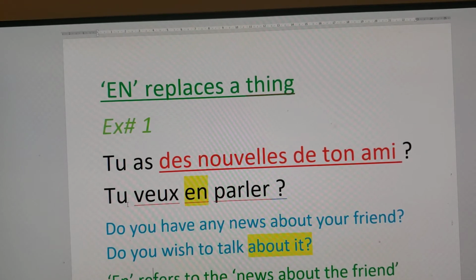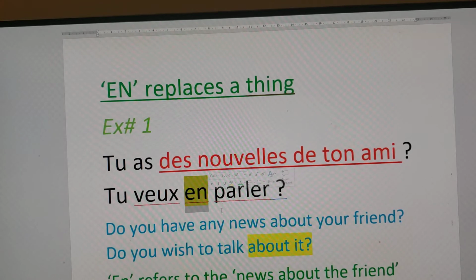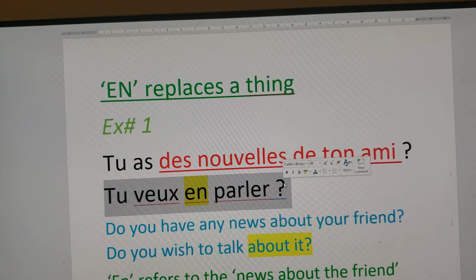Okay? So, tu as des nouvelles de ton ami, tu veux en parler? Tu veux en parler. Parler de quoi? En parler, parler à propos des nouvelles de ton ami. Okay? So, needless to say, you just can't all of a sudden pick up the phone and tell your friend, tu veux en parler?